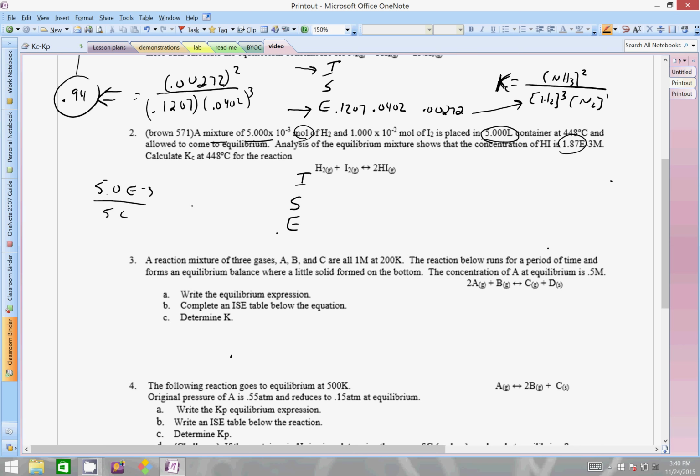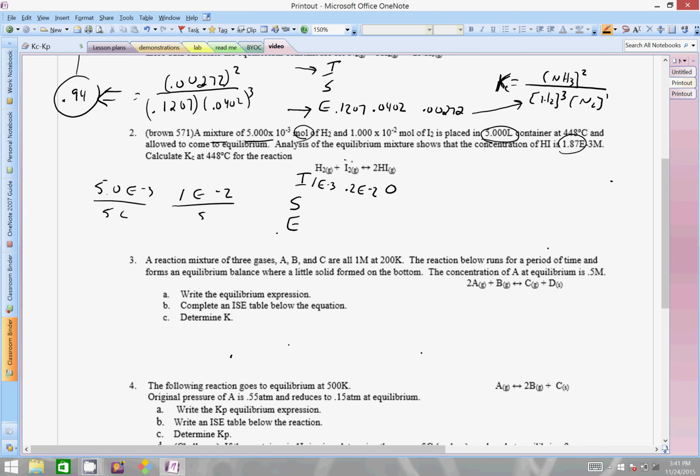Alright, so I got 5 divided by 5 is 1 e to the negative third. I'm not showing all my sig figs here. And then the next value is going to be this guy, which is 1 e to the negative second divided by 5. That's 1/5, or 0.2 e to the negative second, and there's nothing of the NH3.